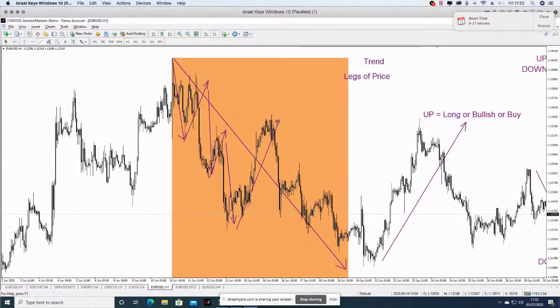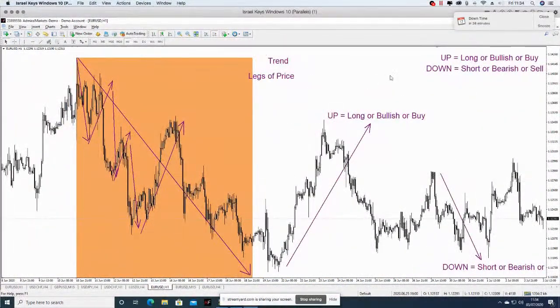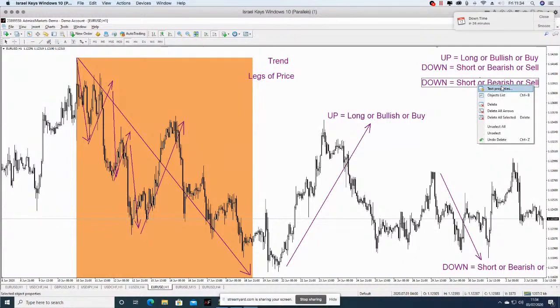Now, these are called legs of price. So, one leg is an expansion plus a retracement. The move in the direction of the long-term trend is the expansion. So since the long-term trend here is downwards, the expansions are the down moves, and the retracements are the up moves.